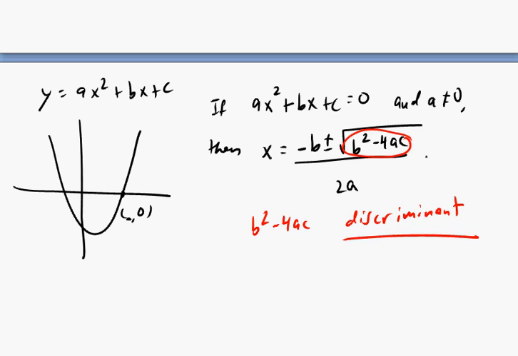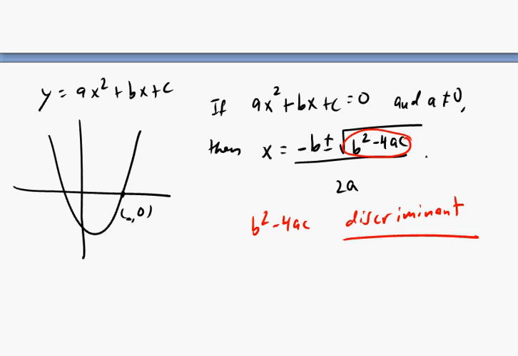If the discriminant is positive, then there will be 2 solutions to this equation. If the discriminant is negative, there will be no solutions to this equation. And if the discriminant is exactly equal to 0, this equation will have exactly 1 solution.